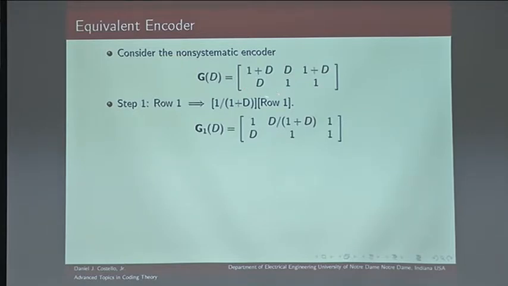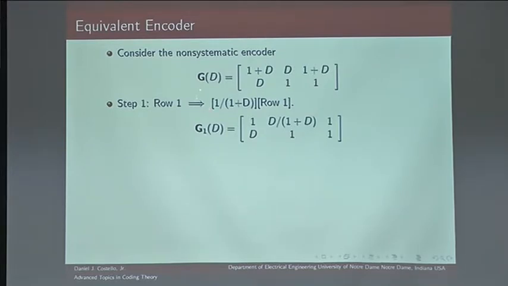your objective is to get the first two columns here to be an identity matrix. So in order for that to happen, you've got to get a 1 here. Well, how do you get a 1 here? You divide 1 plus D by 1 plus D. And with row operations, you can always add rows or multiply a row by anything without changing the subspace which defines the code.